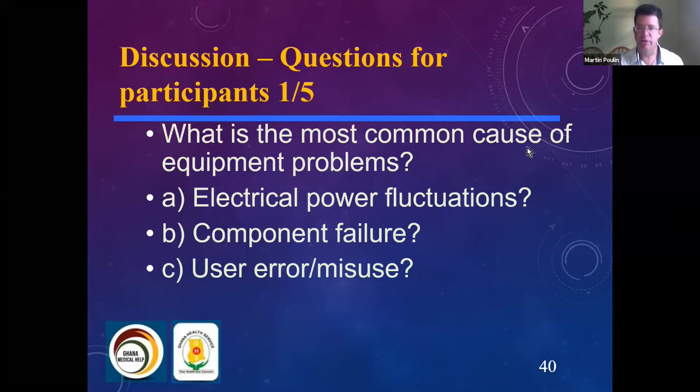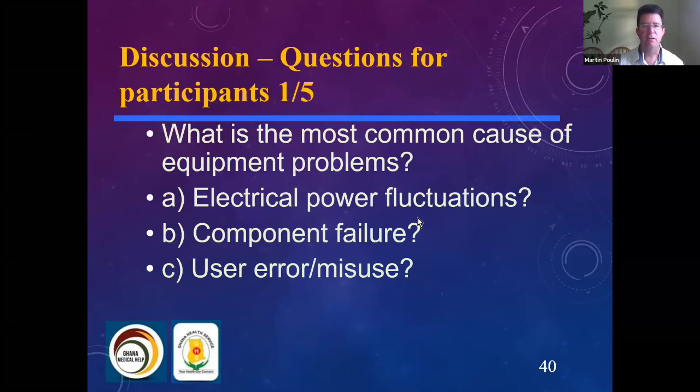And then I will try to do my best to collate the answers and give the responses back to the entire group. So I'm just going to read all 5 questions, and then we'll go back to question 1 so people can start thinking about them. So the first question is, what is the most common cause of equipment problem that you've been seeing?